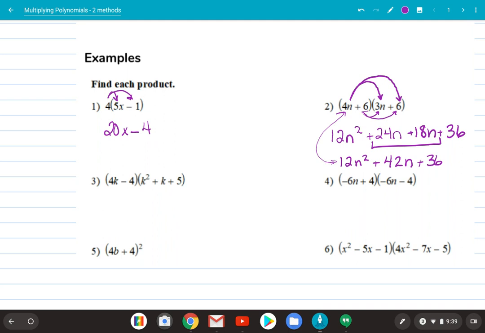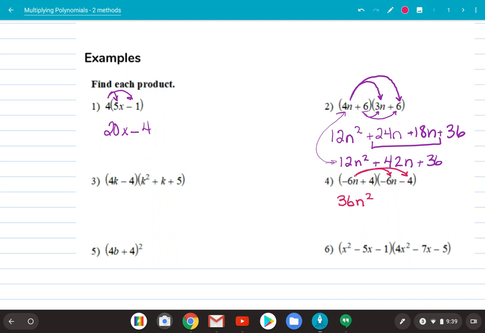All right, next one. Let me change color because it's a little tight in here. So we're going to take this negative 6, multiply it to everything in the second parentheses. Negative times negative is positive. 6 times 6 is 36n. N times n is n squared.